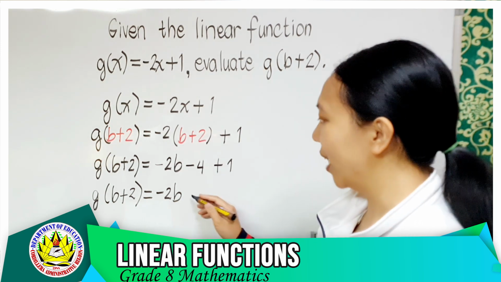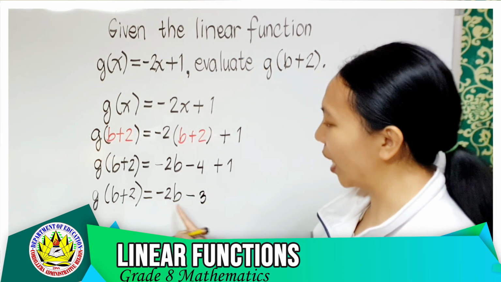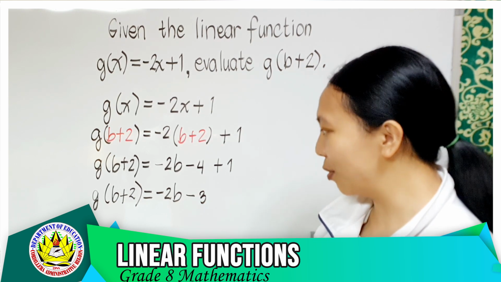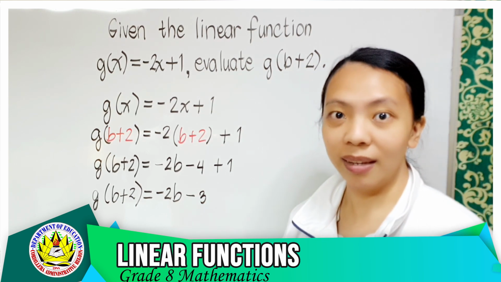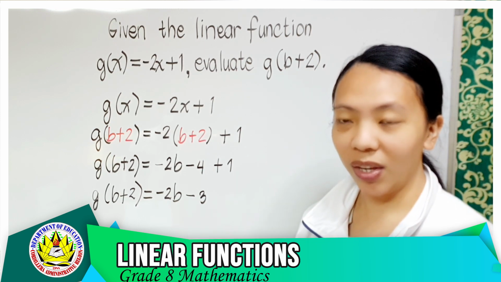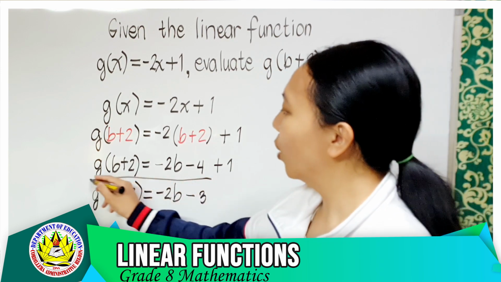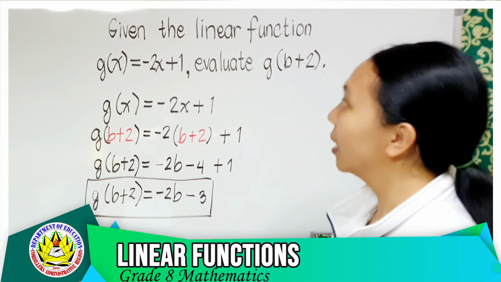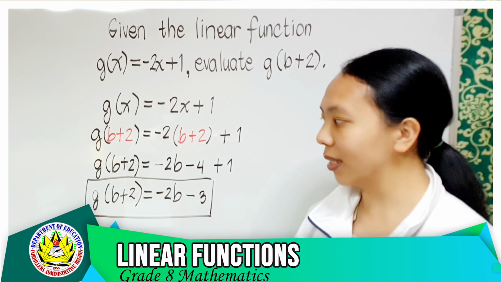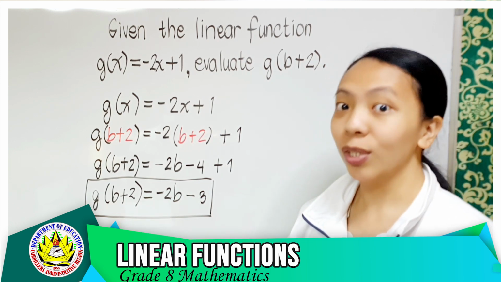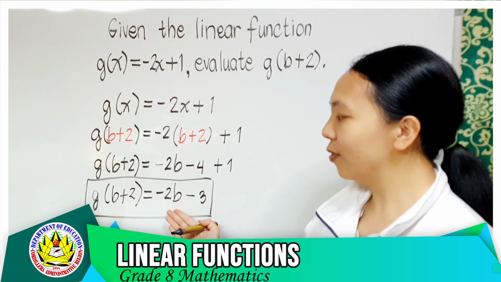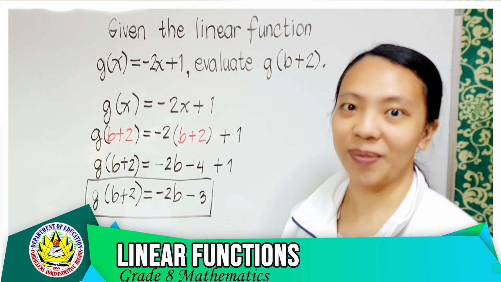It's negative 3. Since we can no longer combine negative 2b and negative 3, it's already the final answer. Take note, when we evaluate g of x equals negative 2x plus 1 at b plus 2, the value of the function is negative 2b minus 3.